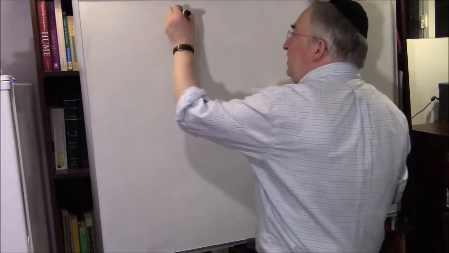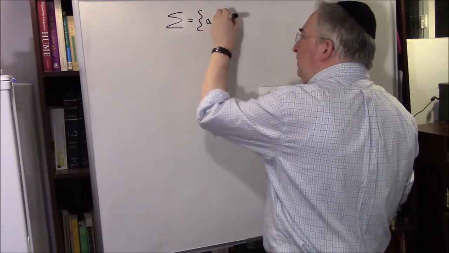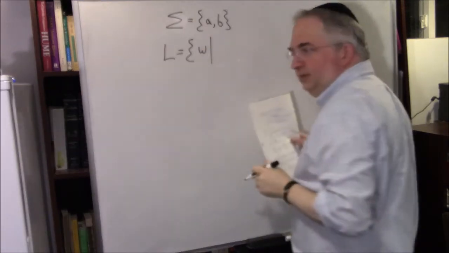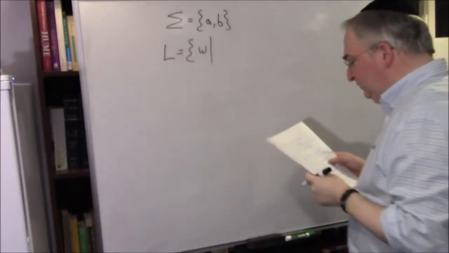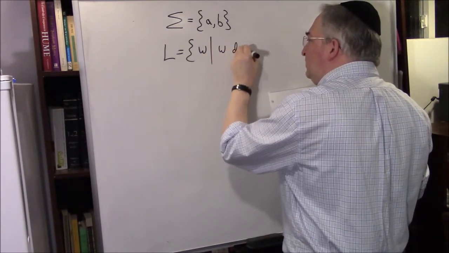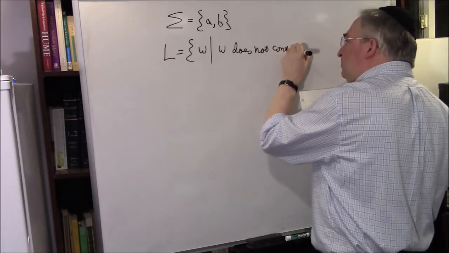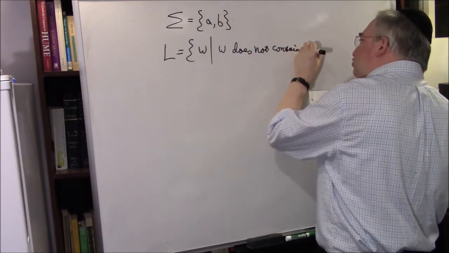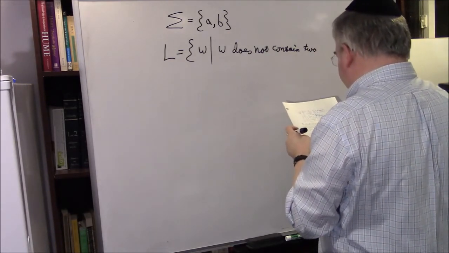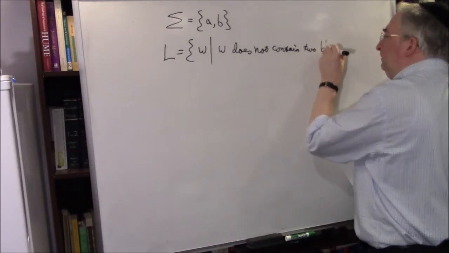Let's do some more examples. The alphabet is A, comma, B, and the language is those words W such that W does not contain 2 B's.